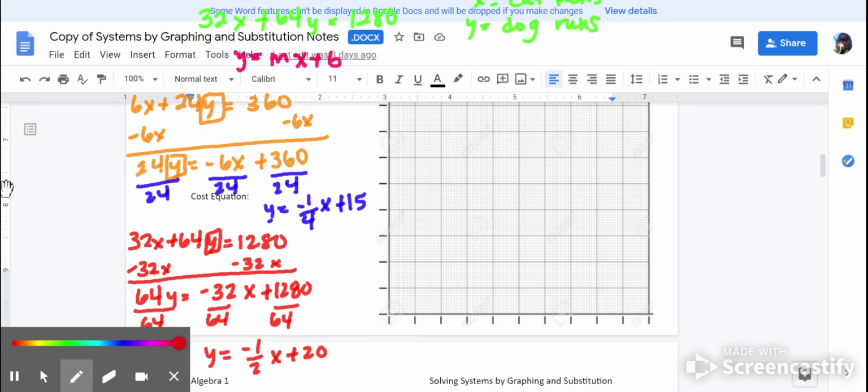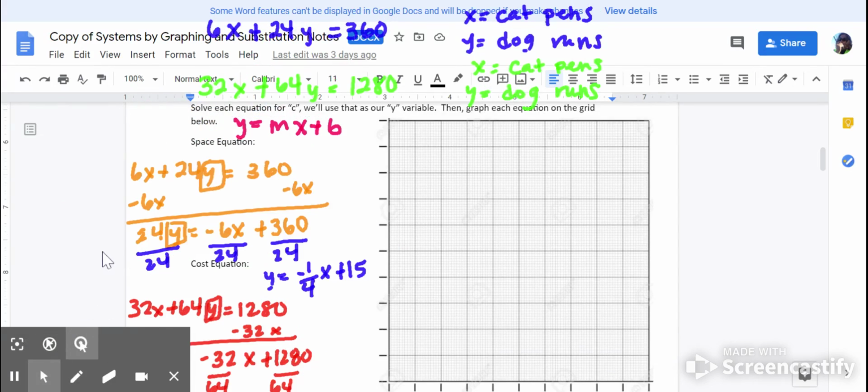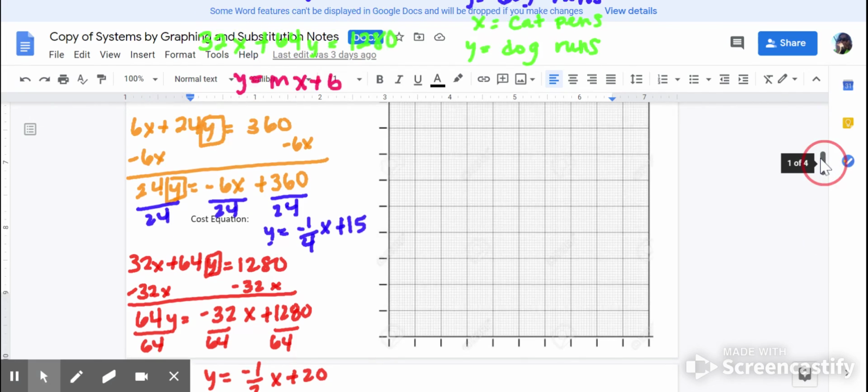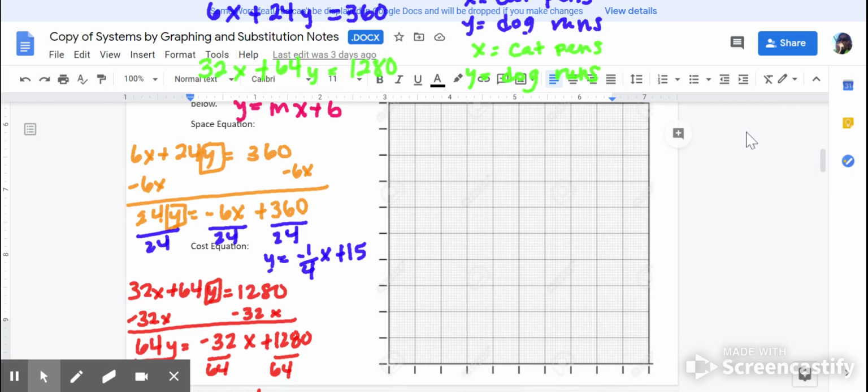Now, the next thing we're going to do here is make sure that we label our graph the way that we want to. I'm going to choose to go up by 2's for my y side and then 1's by my x's.